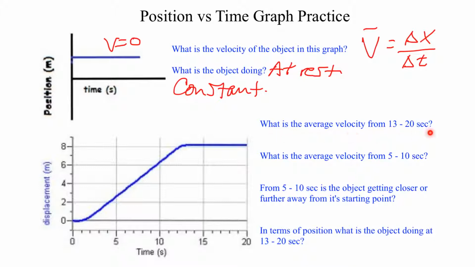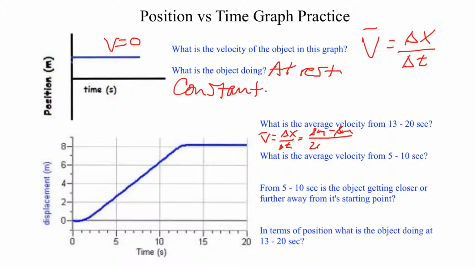What is the average velocity from 13 to 20 seconds? Let's write down our formula. The average velocity is equal to the change in position over the change in time. Let's go get our points. At 20 seconds, the position is 8 meters, and at 13 seconds, the position is also 8 meters.